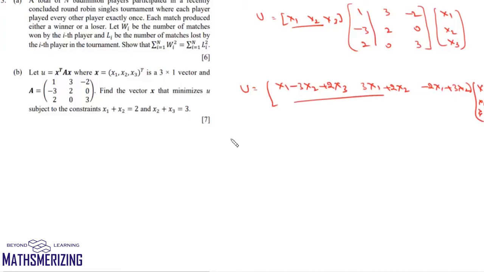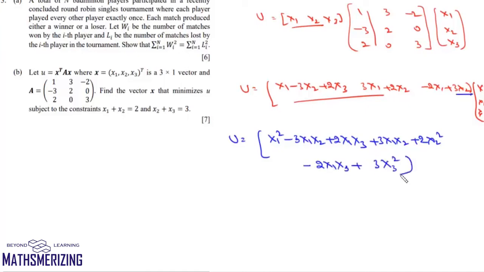So then this U will be X1 square minus 3 X1 X2 plus 2 X1 X3 plus 3 X1 X2 plus 2 X2 square, and then minus 2 X1 X3 plus 3 X3 square. Now 3 X1 X2 will cancel and 2 X1 X3 will cancel. So we'll get this U as X1 square plus 2 X2 square plus 3 X3 square.